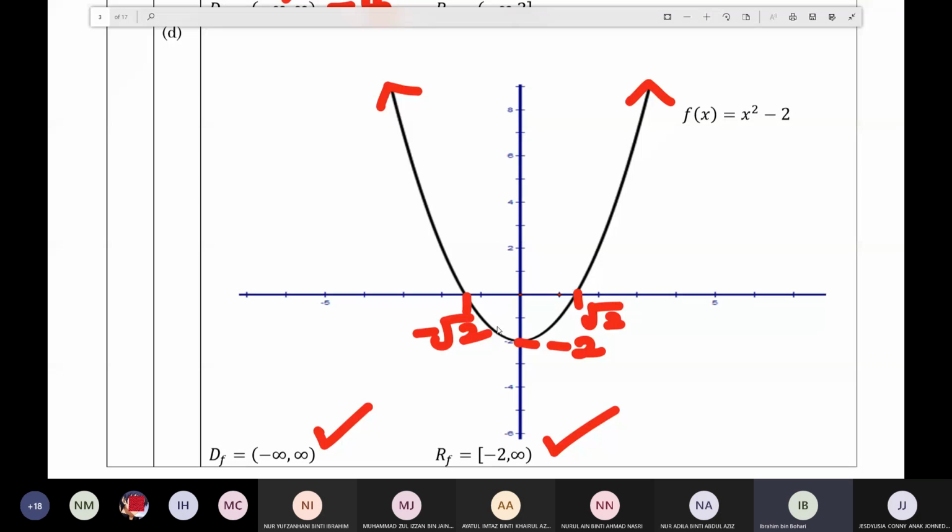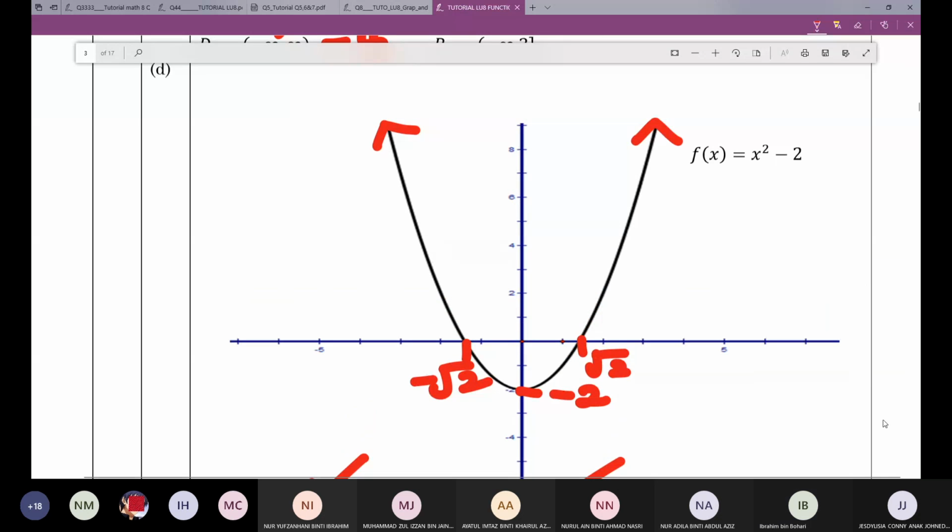Okay, ada soalan? Question 1 to question 10. Saya buka soalan kalau ada. Saya check ada soalan ke tidak.